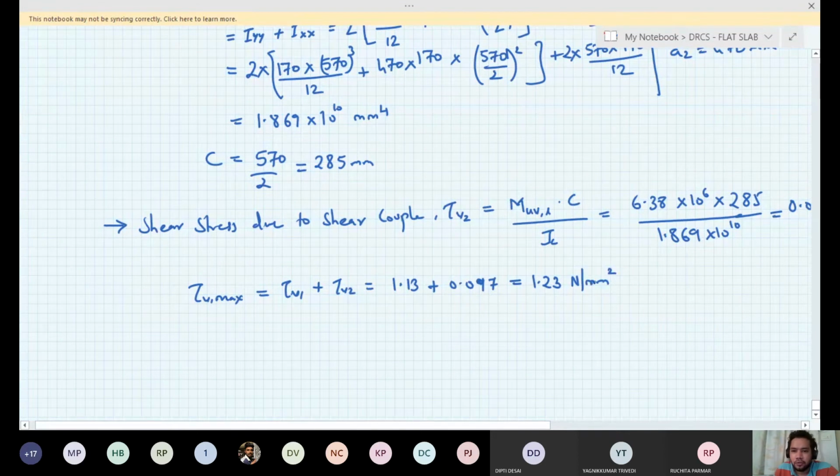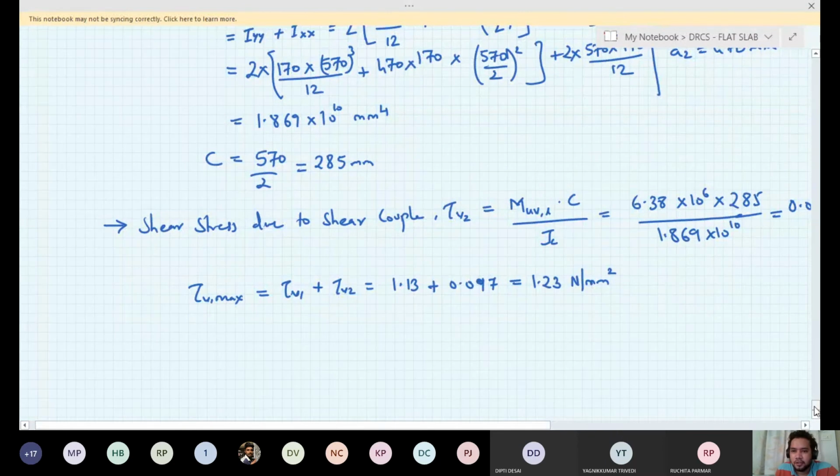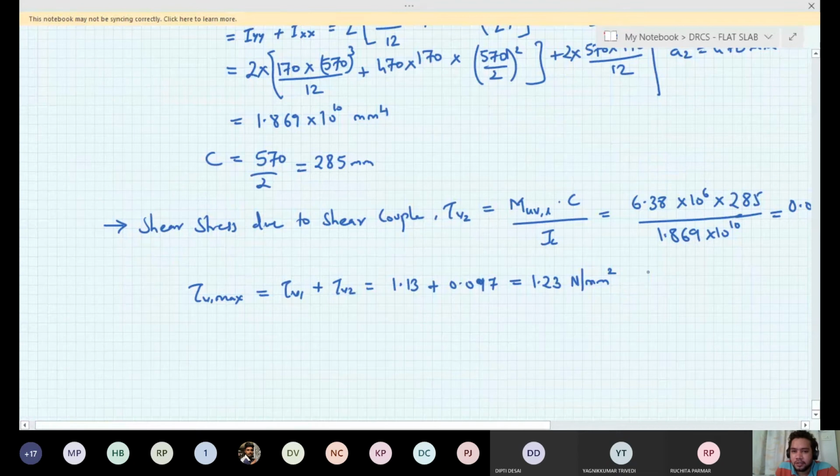Okay, now this value should be less than the permissible shear stress, which is 1.118. Okay, so this value is actually greater than the permissible shear stress, that is tau allowable equals to 1.118 Newton per mm square.